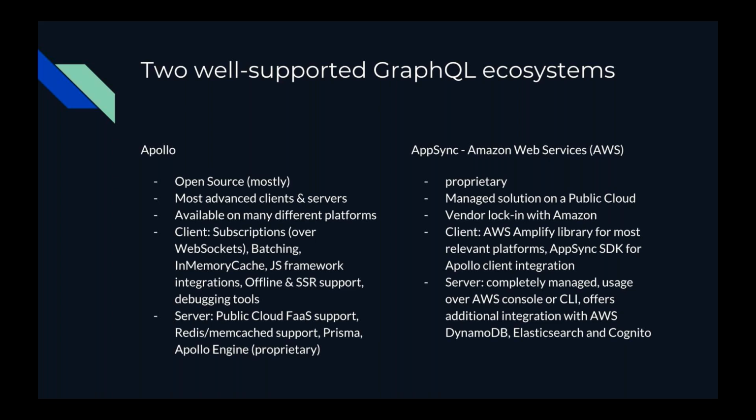You don't have to manage any servers, and they also have an SDK to integrate the Apollo client with a proprietary AppSync server. But they also have their own library called AWS Amplify, which is the library that you use on the web, Android and iOS, to use the more mainstream Amazon services on the front end.